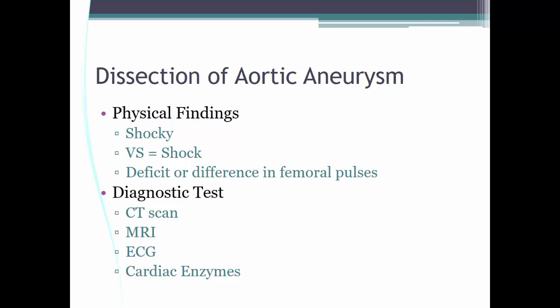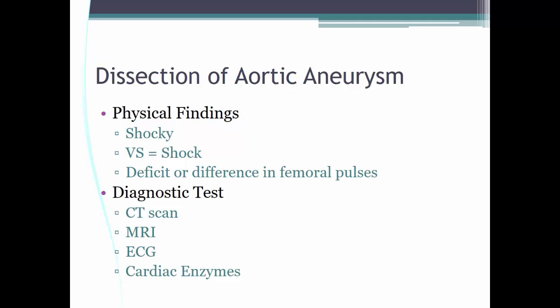Again, type 1, this dissection starts in the ascending aorta and extends at least to the aortic arch and sometimes beyond. Type 2, they start in and are confined to the ascending aorta. And type 3, they start in the descending thoracic aorta just beyond the origin of the left subclavian artery and extend distally, and they're less common.